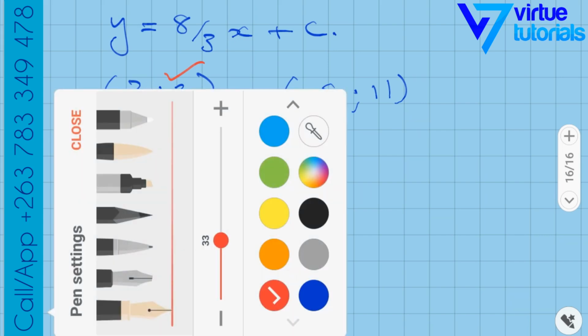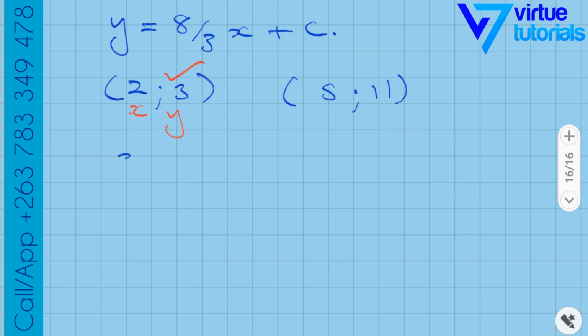So my equation becomes 3 is equal to 8 over 3 times 2 plus c, right? I substituted my x with 2 because that's the x value. I substituted my y with 3 because that's the y value. Then this becomes 3 is equal to 8 times 2 is 16, so 16 over 3 plus c.